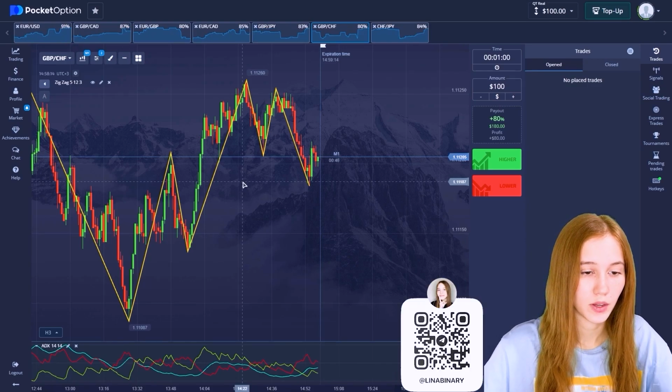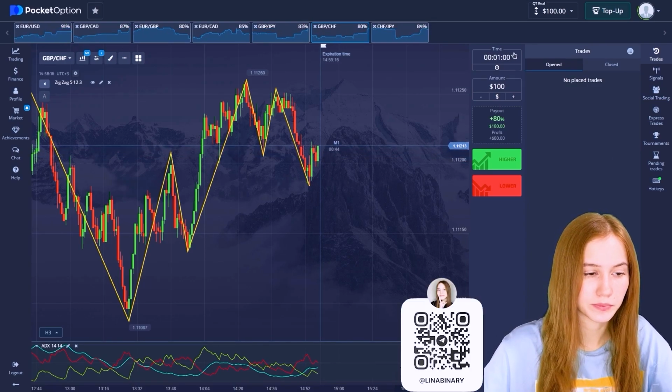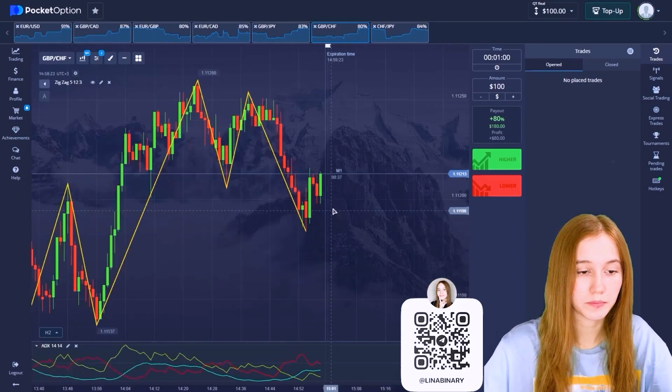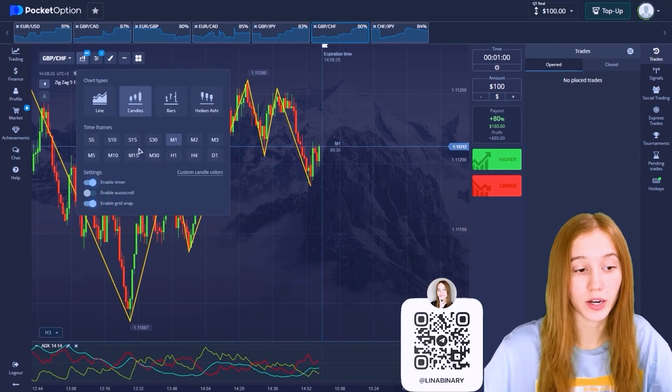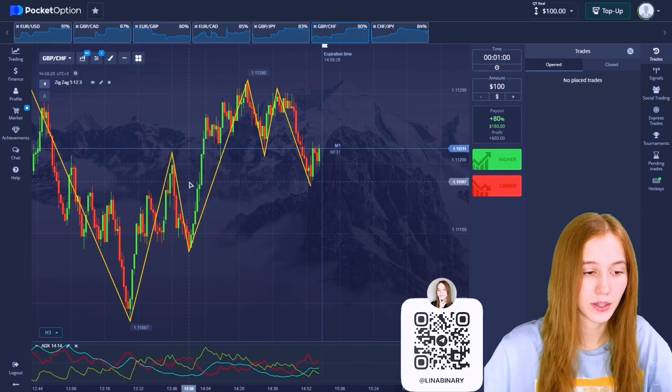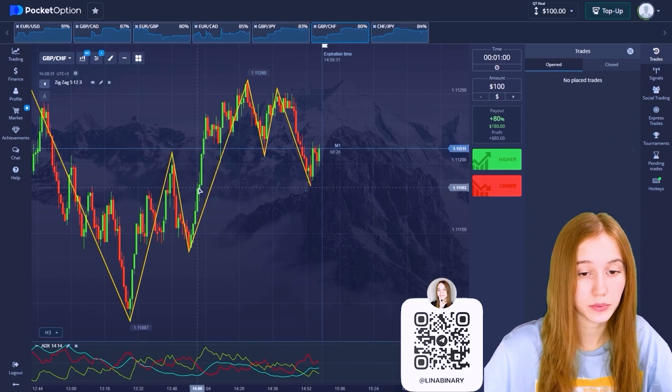So what's more here, the deal time is 1 minute and we enable the one-minute time frame in the settings here. So correct.